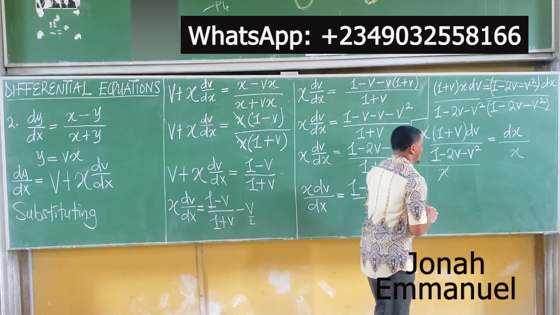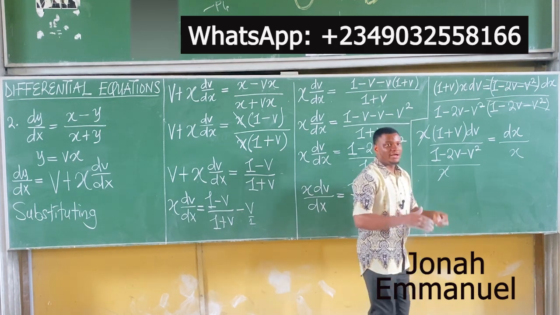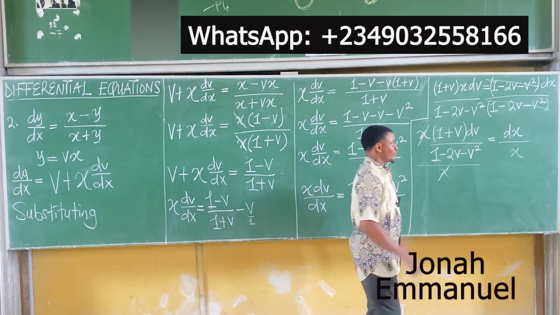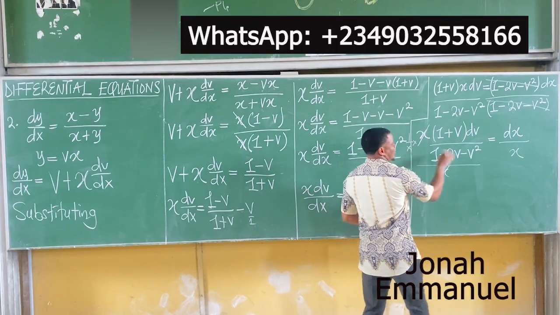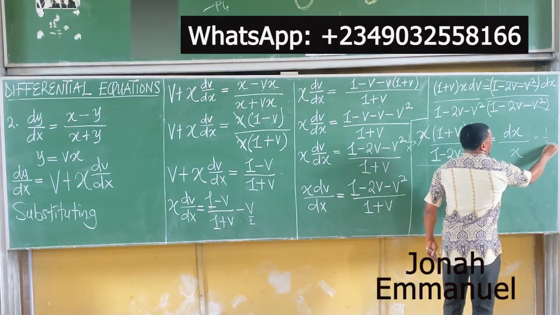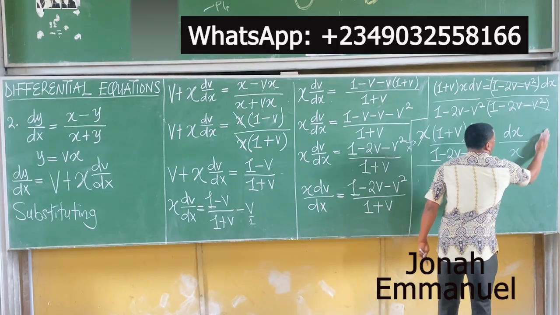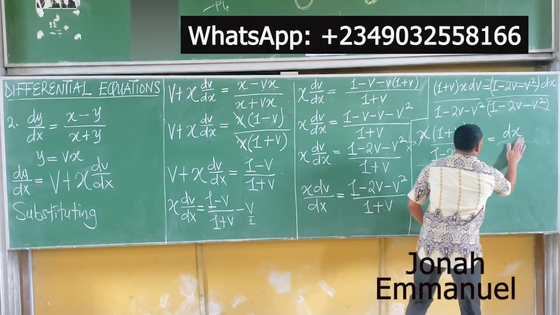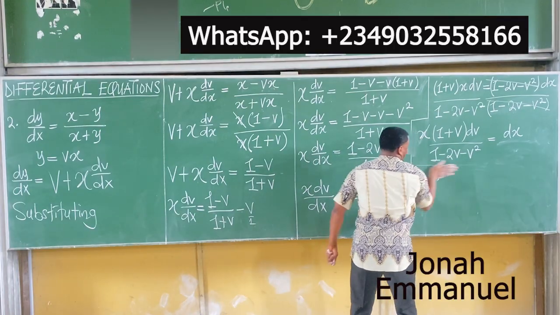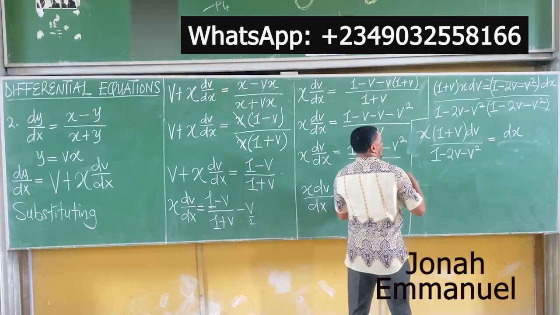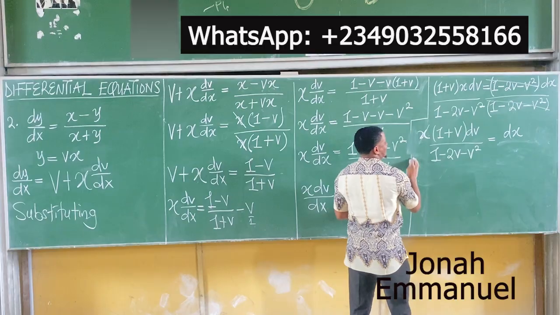If you're not okay with this, you can say multiply both sides by what there? 1 over x. So at this point, you can say multiply this by 1 over x. Multiply here by 1 over x. You see, you arrive at this. So let's say you're at this point now, and you don't want to do the other thing.